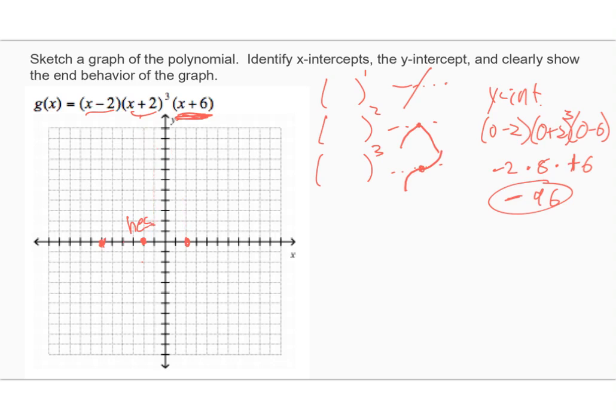I'm going to put my lovely negative 96 down below, so that way we're going up and to the right. We've got to hesitate here. That's a terrible looking picture, and we're going to go down there. I recognize that this was wrong because I know this is a positive graph, and my graph was about to go down instead of up as I go to the right. That's how I figured out that I made a mistake.